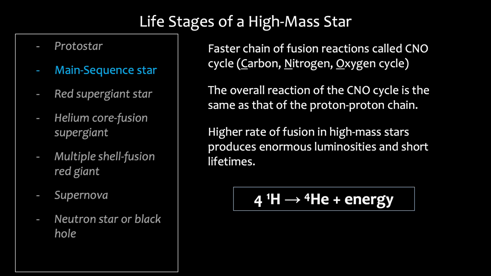Okay, carbon, nitrogen, and oxygen are the intermediary agents enabling the process, but are themselves not the products. Okay, they are not the products. They will be added into the reaction and then later spit out. Also, they are really just more like a catalyst.